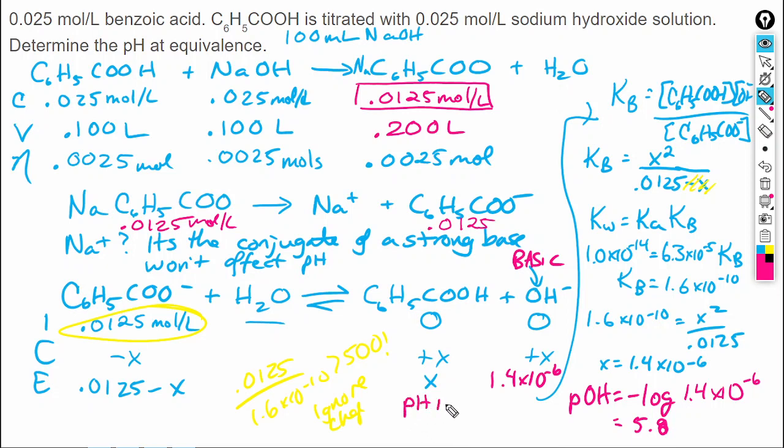So in case you missed that, pH plus pOH is equal to 14. So if I know that pOH is 5.8, pH is 14 minus 5.8, or 8.2. So the pH at equilibrium is 8.2.